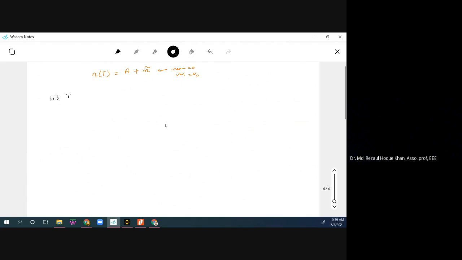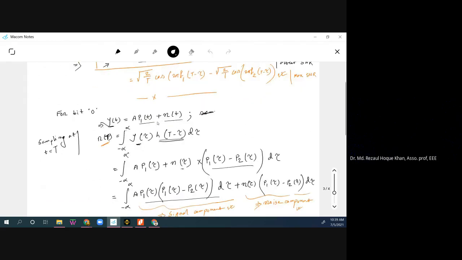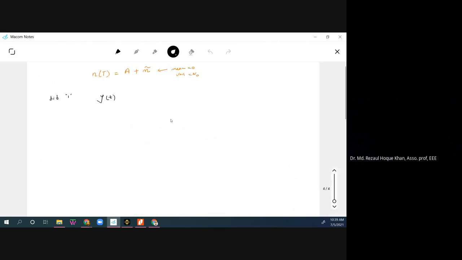Okay, so we can do the same thing for bit 1. If I repeat the previous steps, y(t) will be, so I'm repeating this step again, so we will not go through all the detail. y(t) equals A p2(t) plus n, that was y2. We follow the same procedure of the matched filter. So our R(T) signal will be minus A plus n tilde, like this equation.